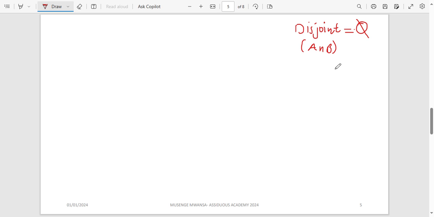So if they say set A and set B are disjoint sets, it means that on a Venn diagram, those sets are like this. They don't intersect. Take note of that. Disjoint. They don't have an intersection.